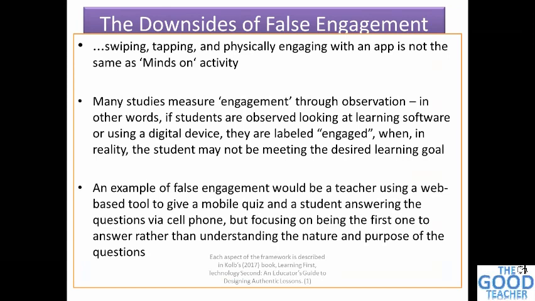This wouldn't be proper engagement because they will not be focused on what the teacher wants them to know. It's just about being the first to answer, and that will be their focus. Okay, so now this is engagement, the first E in the triple E framework.